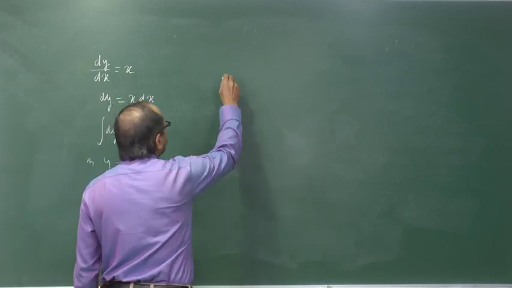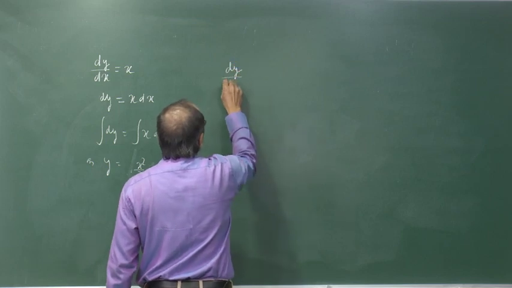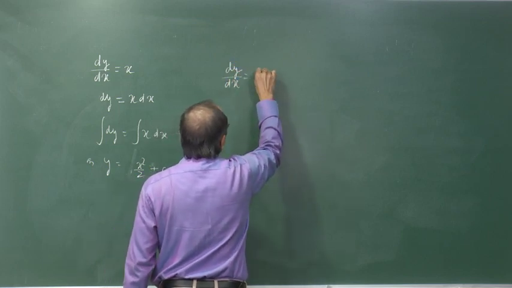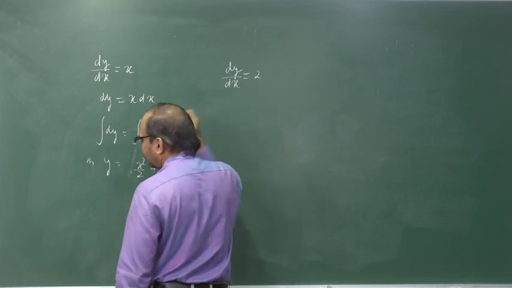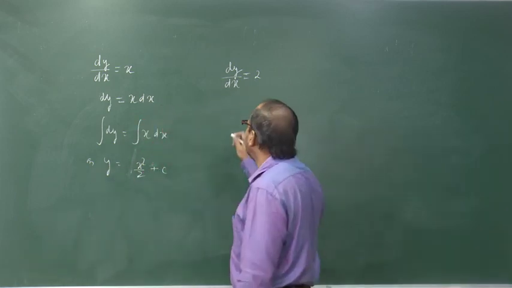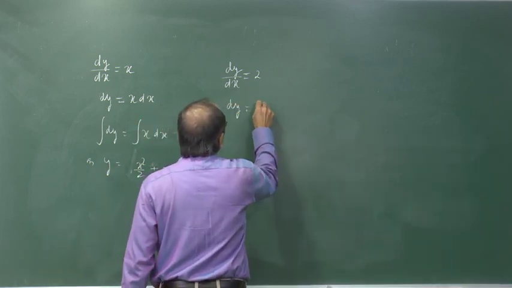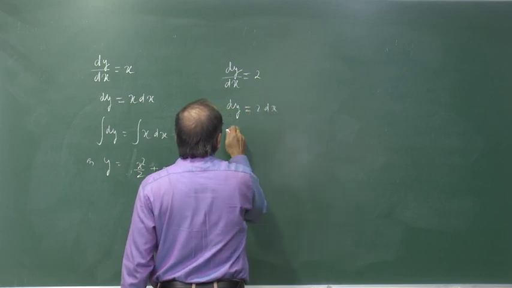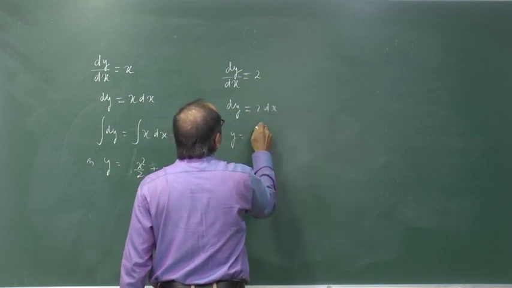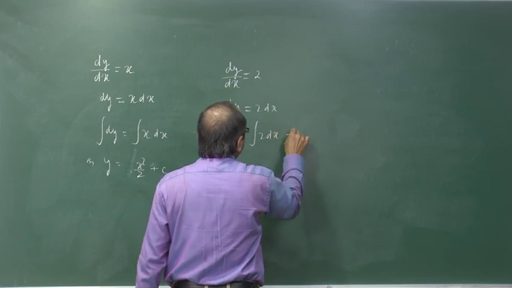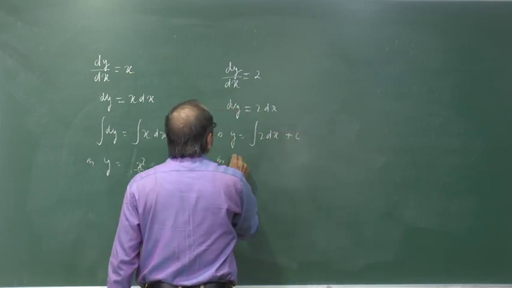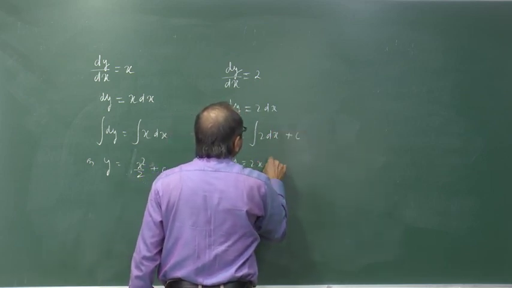Suppose I say dy by dx is equal to 2, I put in a number. Then dy is equal to 2 dx, or y is equal to integration of 2 dx plus some constant c, or y is equal to 2x plus c.